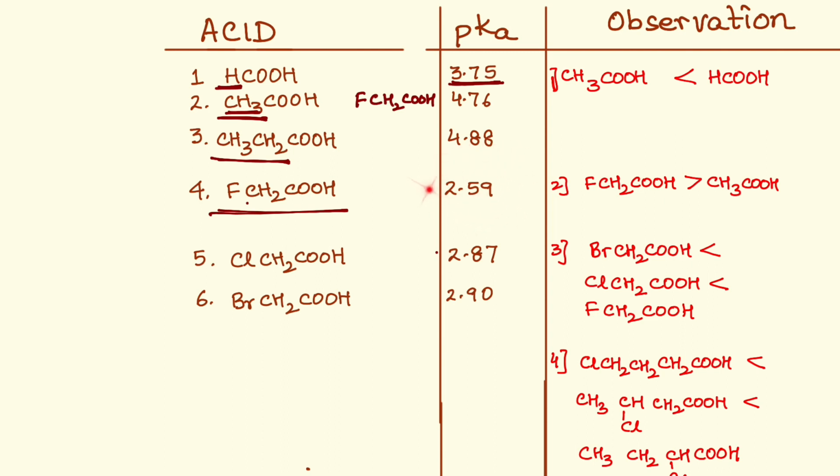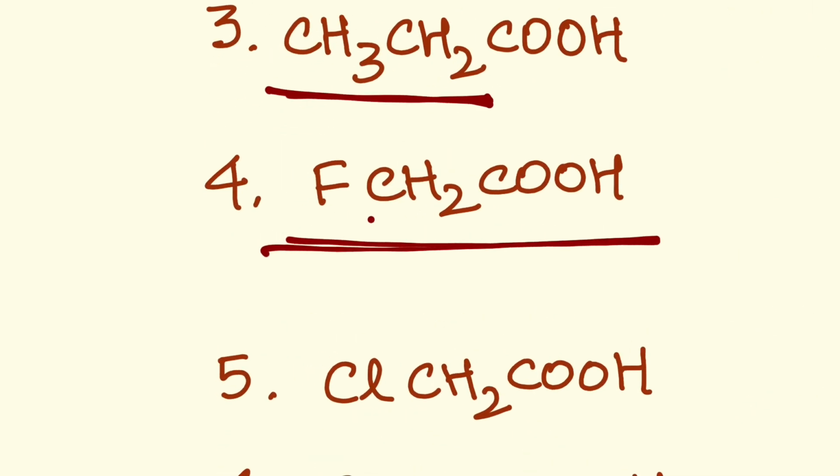Now look at pKa values. Oh, the pKa value is even lower, but what about the acid strength? Yes, the acid strength is even higher than that of methanoic acid. So what does this tell you? What kind of a group is F? Electron withdrawing or electron releasing? Yes, it's a highly electronegative atom or group. It withdraws electrons.